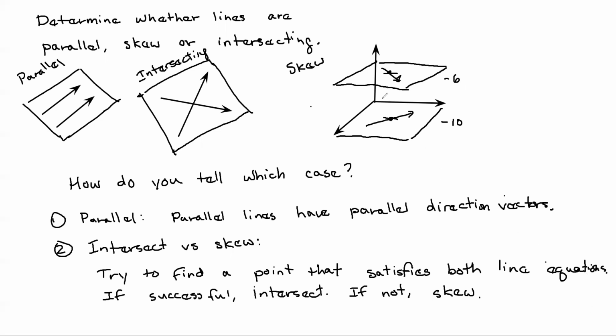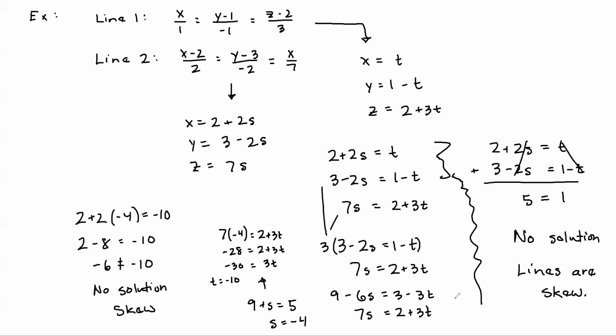If you just shifted this plane downward so that it landed on the other one, you'd shift it down 4, and that would make the skew lines intersecting lines. Okay, so that is how you find parallel, intersecting, or skew lines.